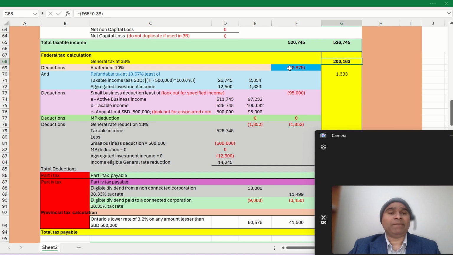Then we have an abatement of 10% of the taxable income, which is $52,675. And we have the small business deduction of still $95,000.